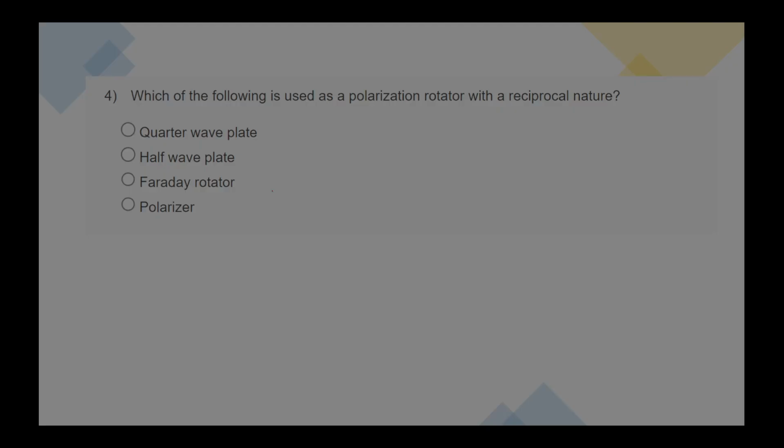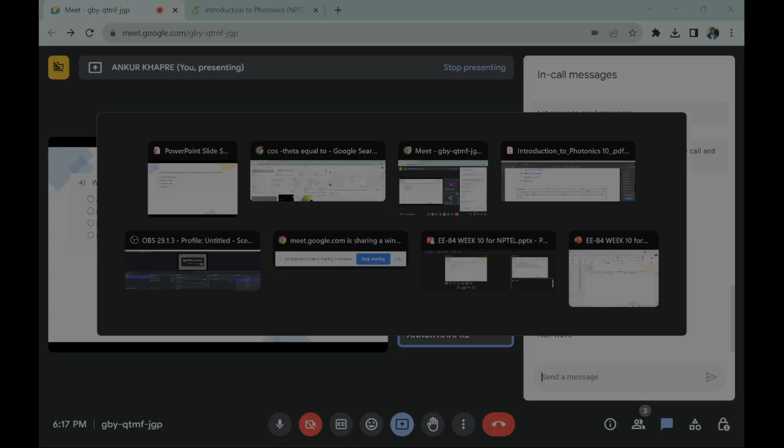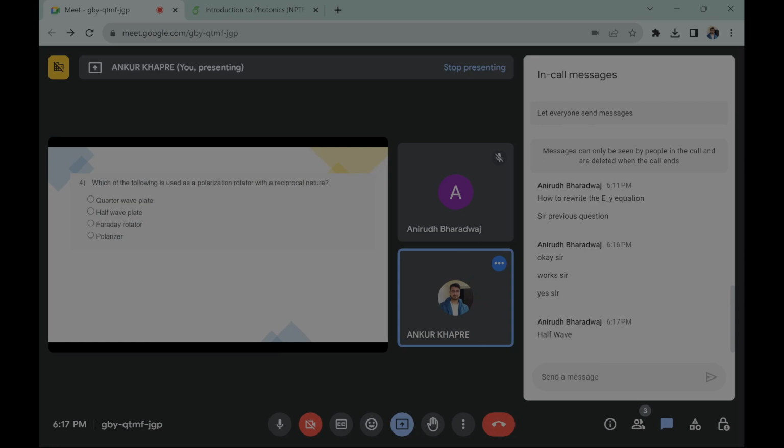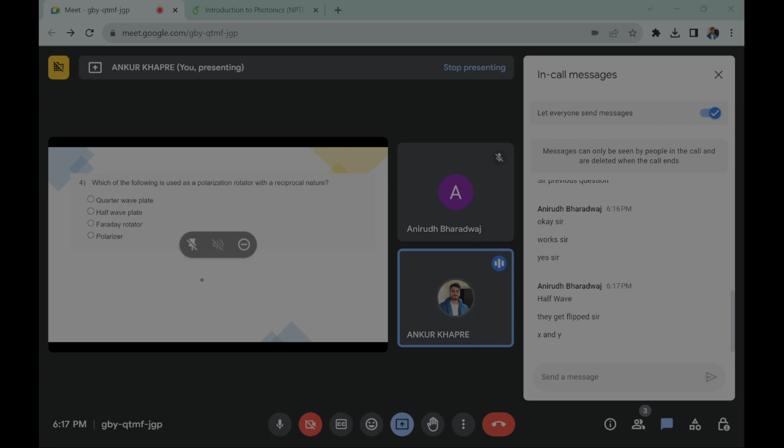So what is happening in half wave plate? As given x and y component, suppose the x component remains the same, but the y component gets flipped. Okay. No, x won't be flipped. Only y will be flipped.